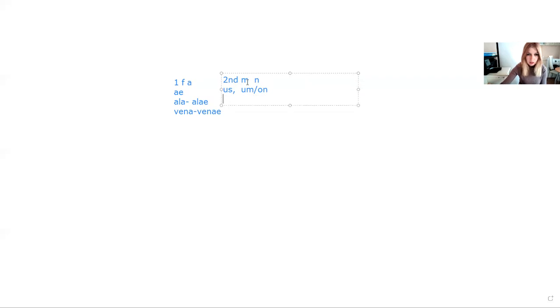In nominative plural, they will have masculine gender ending "i", and ending "a", neuter gender. All nouns of neuter gender will have ending "a". Here you can see their endings in nominative plural, "i" and "a".